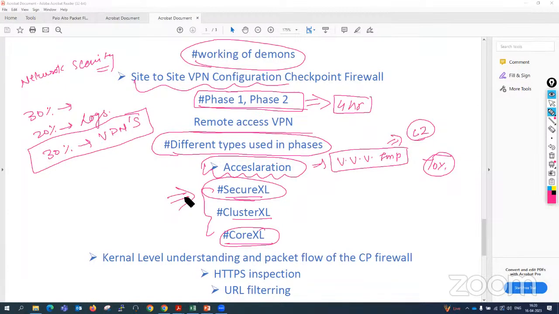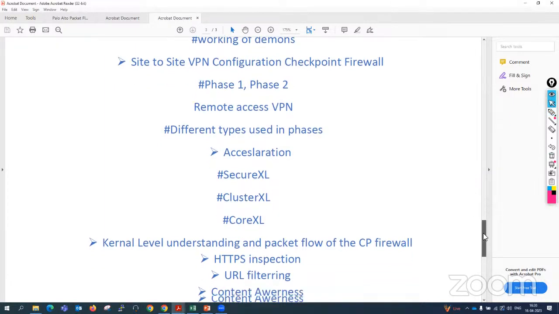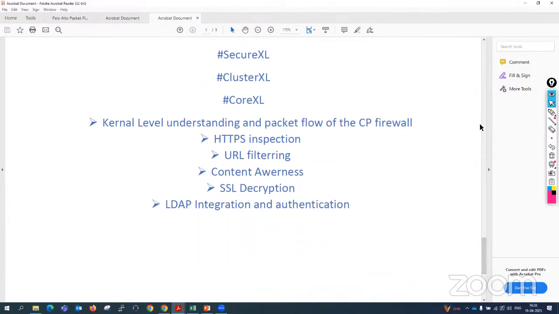Now, you all know that the Checkpoint firewall is a next generation firewall. So what is a next generation firewall?